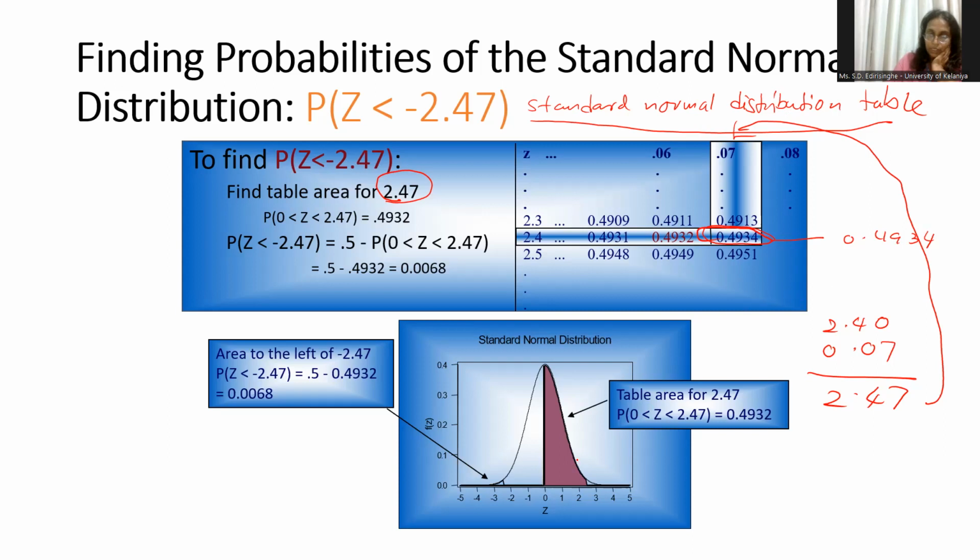The shaded area you can see here. So this is the place. You can copy down, it is okay if you draw it.